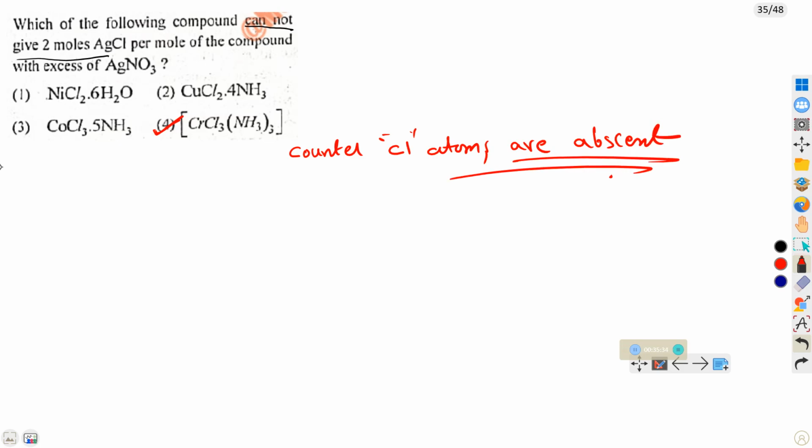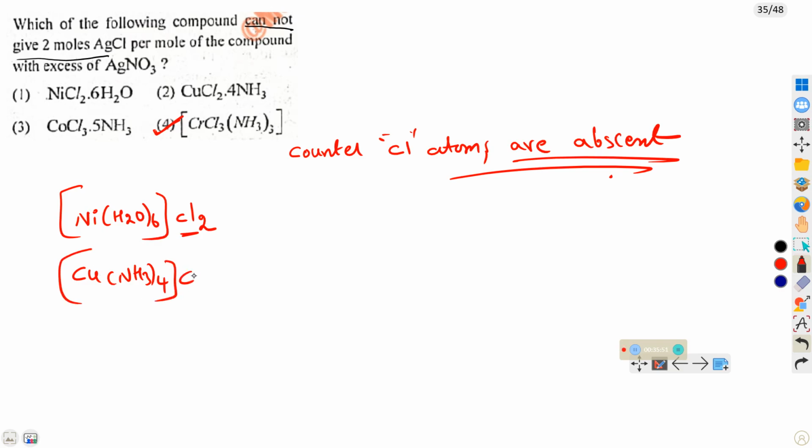In case of first one, [Ni(H2O)6]Cl2, counter chlorines are possible. [Cu(NH3)4]Cl2, counter chlorines are present. [Co(NH3)5Cl]Cl2, counter chlorines are present.